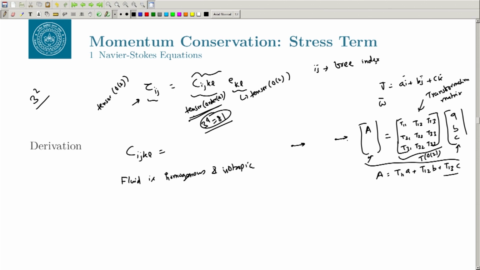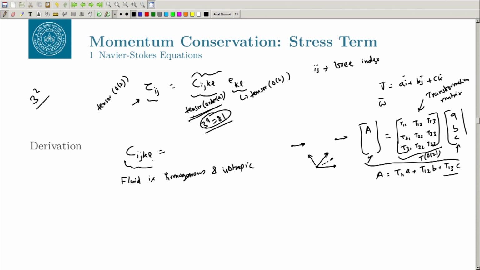Similarly, isotropic means it is direction independent. That means, if you rotate it across, let us say, any basis vector, the value will remain unchanged, right. So, if you assume these two, you can represent this C_ijkl in terms of basically 3 variables, okay.